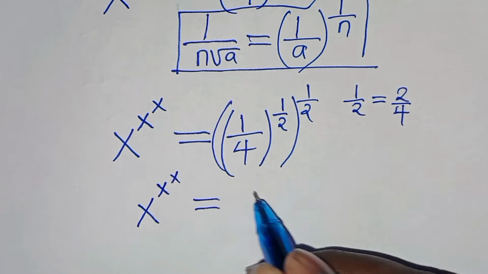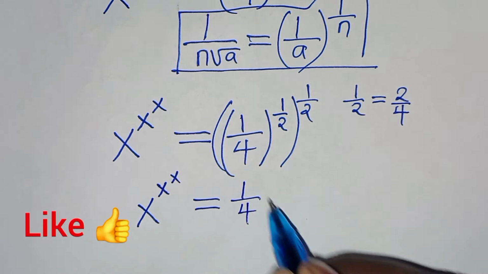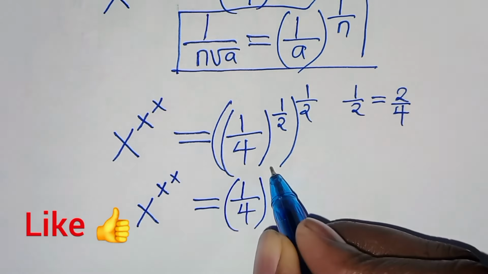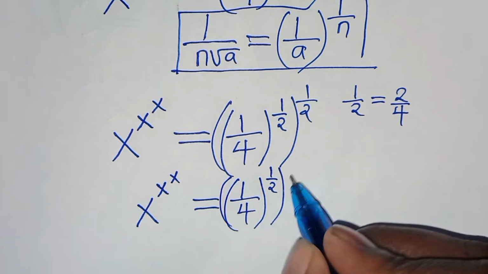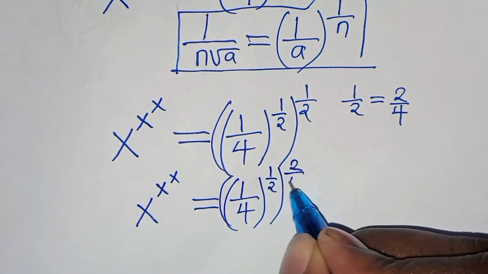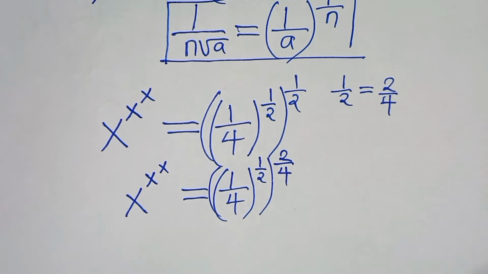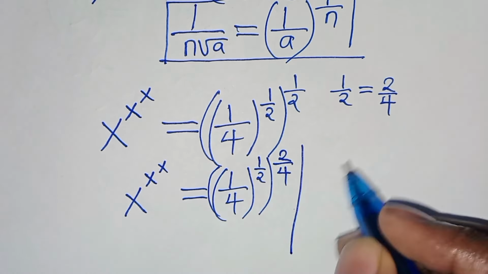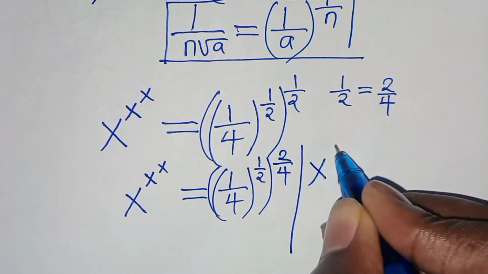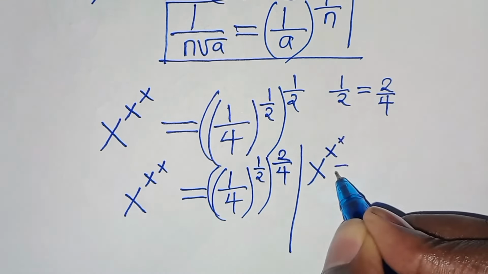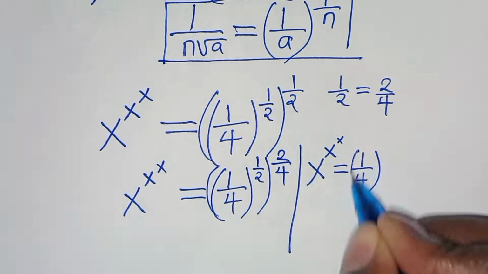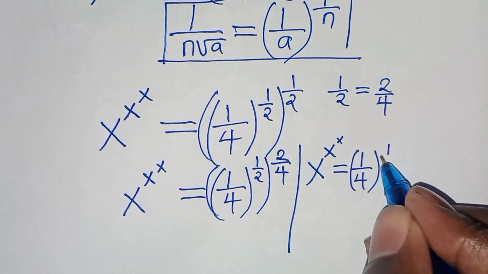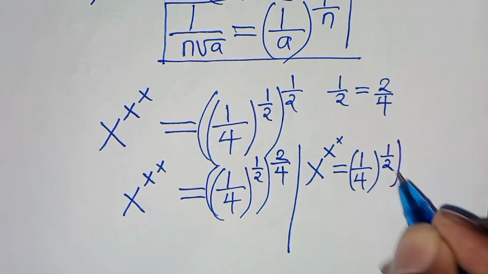Here we have x to the power of x to the power of x equal to 1 over 4 raised to power half, raised to power 2 over 4. So this implies that x to the power of x to the power of x is equal to 1 over 4 raised to power half, again raised to power.